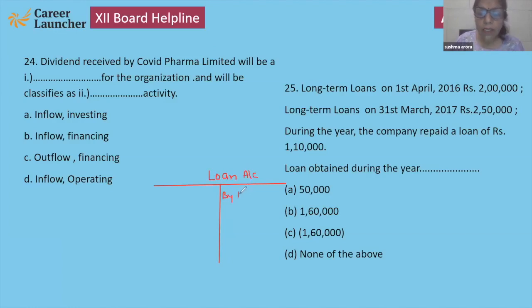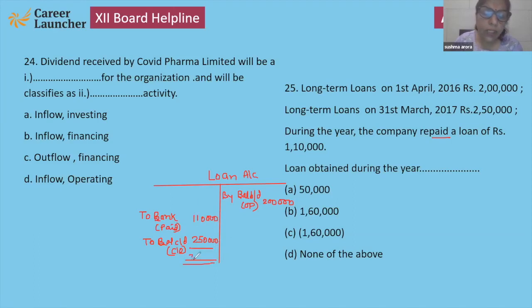So by balance b/d, opening balance, to balance c/d, closing balance. Here opening balance is given as 2 lakh, closing balance given as 2,50,000. Company paid. Paid means loan account debit to bank. So that paid is 1,10,000.